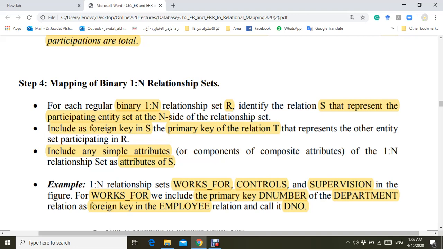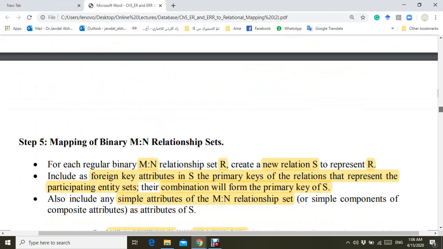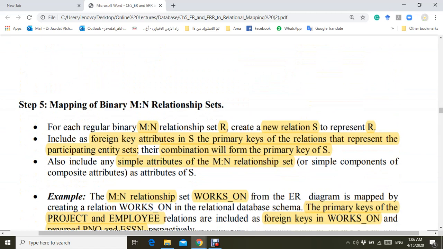And we took mapping the binary many-to-many relationship. For a many-to-many relationship, we make a separate relation. So we don't add foreign keys to any of the existing relations.